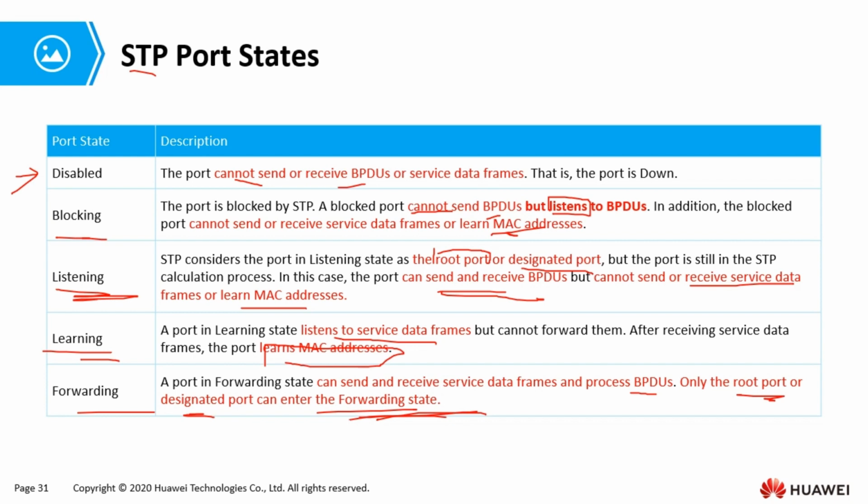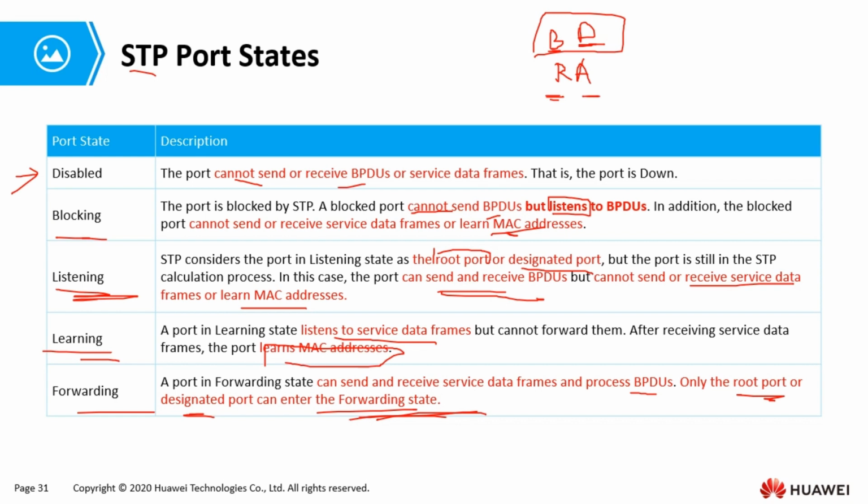Another keyword you need to remember: BD RA. Alternate port is going to back up the root port. Backup port is going to back up the designated port, because later under the RSTP you are going to see another backup port there.